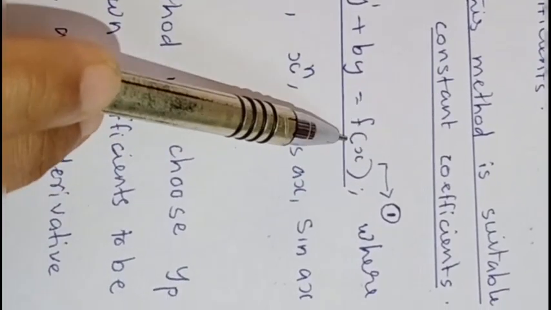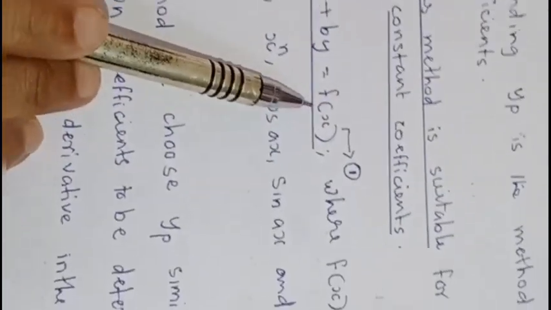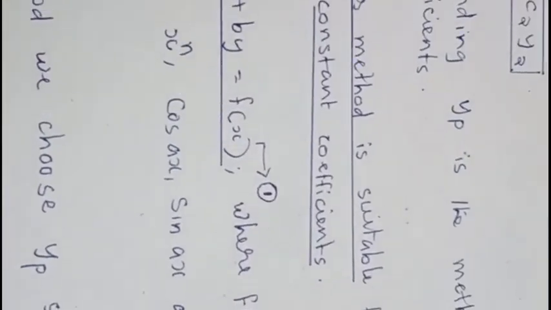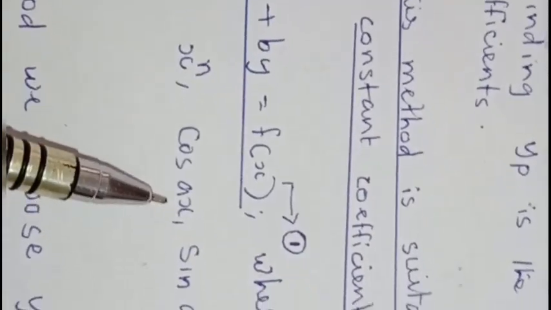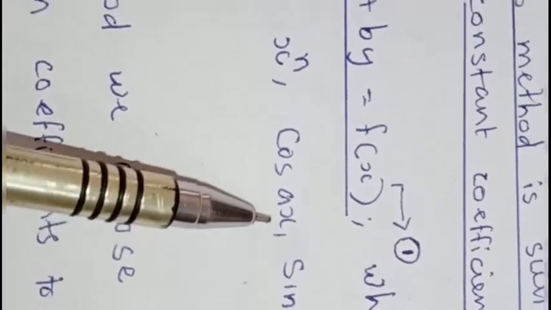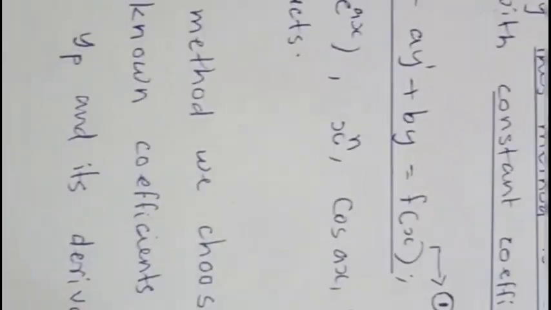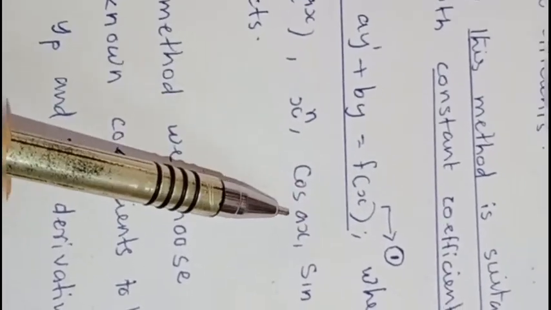That means it is used when f(x) is an exponential function, some e^(ax) form, x^n, some algebraic functions, cos ax or sin ax, these two trigonometric functions, and their sums or products. You can see this is very important.